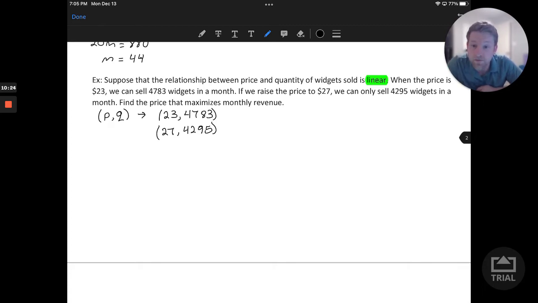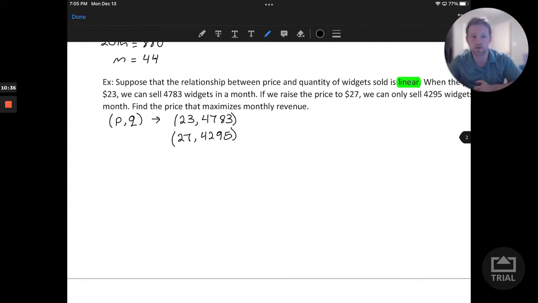Since they have a linear relationship, we want to find the line that goes between these 2 points. So that's our first goal, is to actually find this linear relationship and define it. So first, I'm going to consider finding the slope between these 2 points. I'll call this value m.